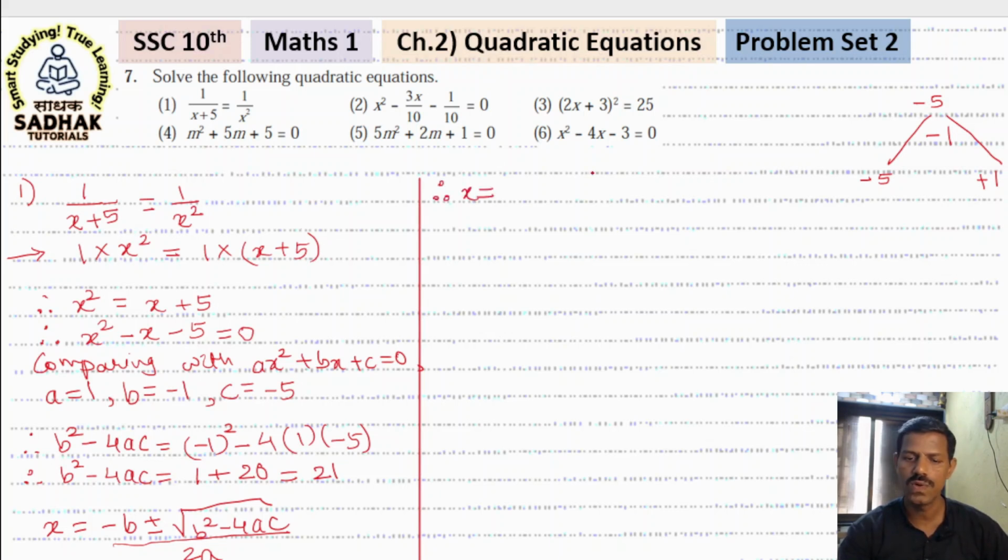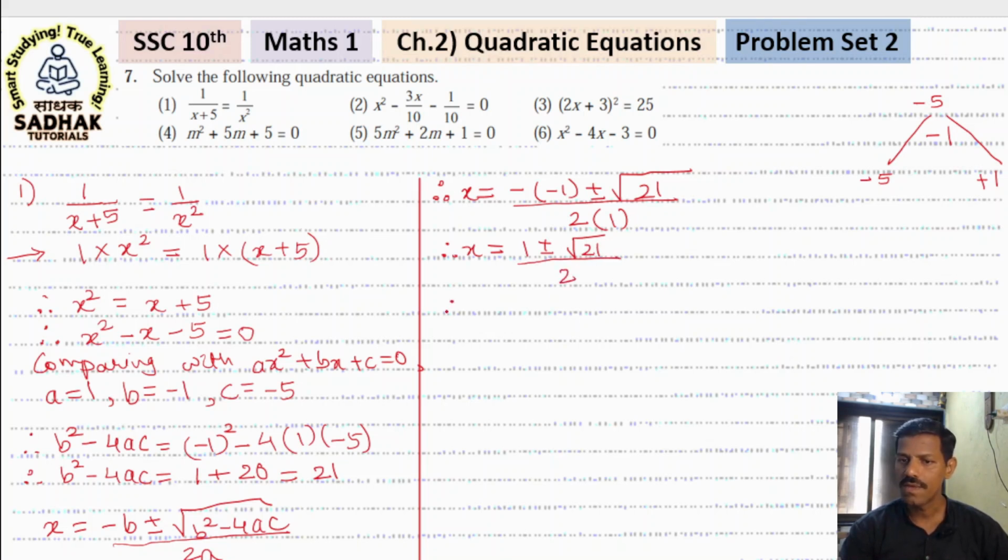Therefore x will be equal to minus, the value of b is minus 1, so minus of minus 1, plus or minus the value of the discriminant, root 21, divided by 2 multiplied by a, the value of a is 1. So minus of minus 1 will become plus 1, plus or minus. Can we find the root of 21? No. So we will write it like that only, root 21. 2 multiplied by 1 will become 2.